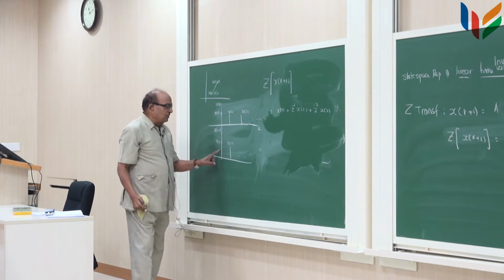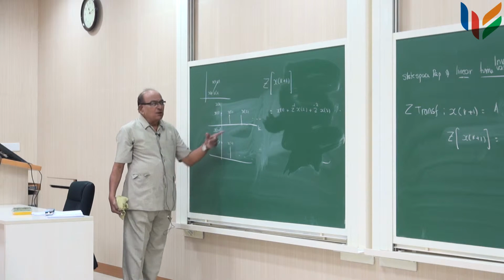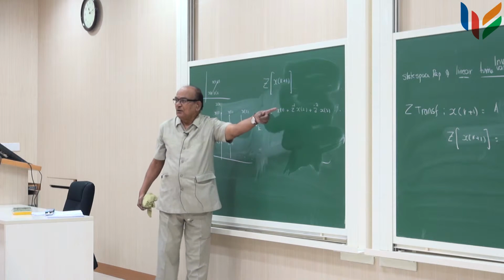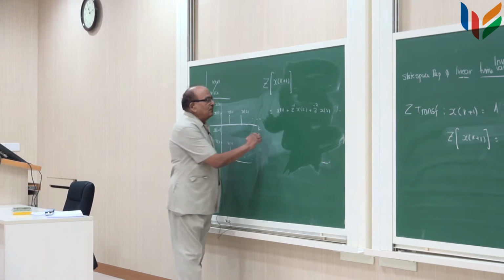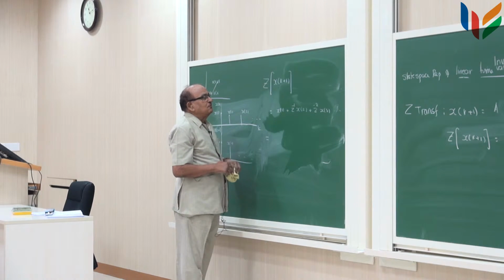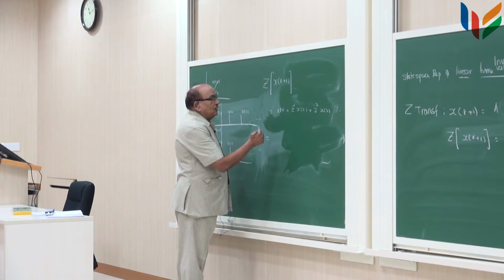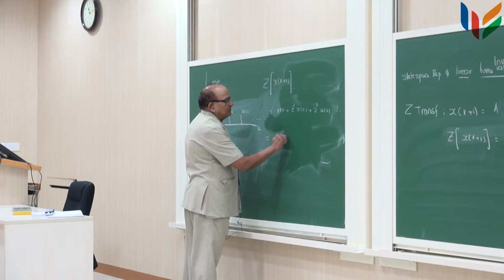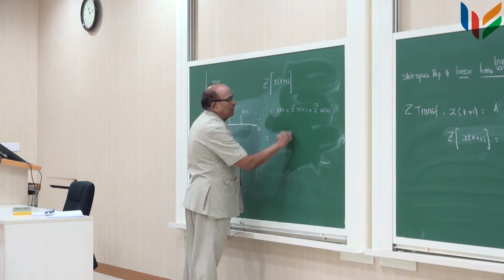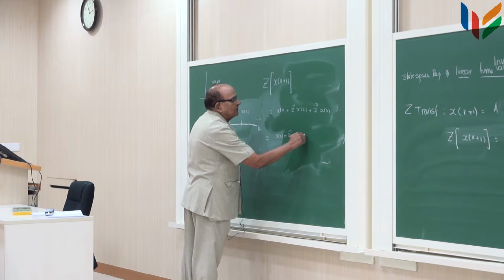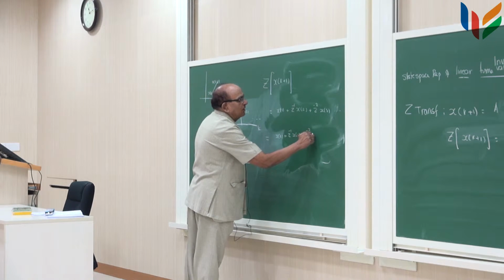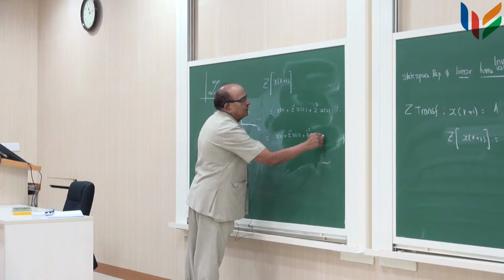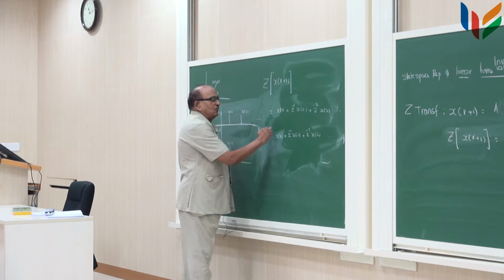Because this is 0, this is 1, 1 means minus 1, so it goes like this. Now, let me write this as equal to x0 plus z minus 1 x1 plus z minus 2 x2, and so on and so forth.